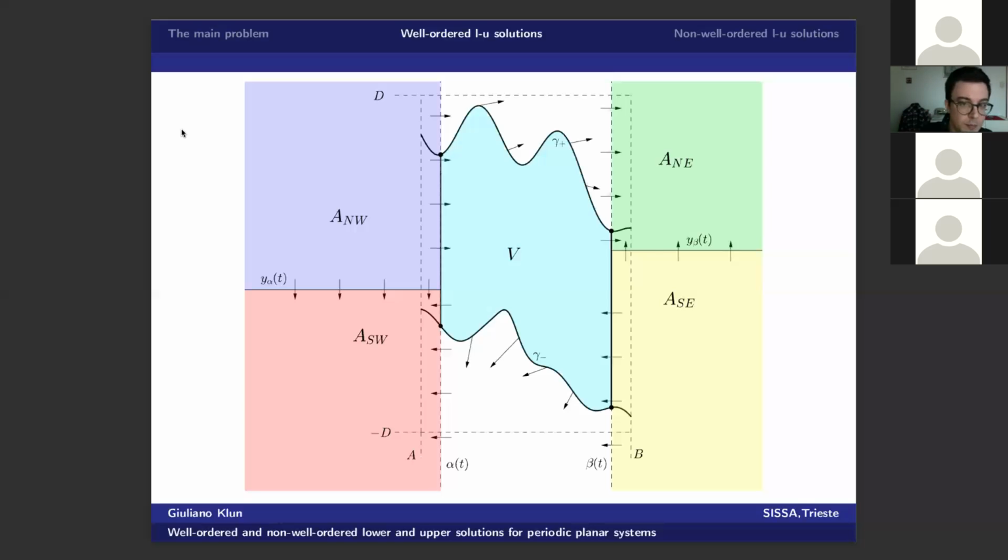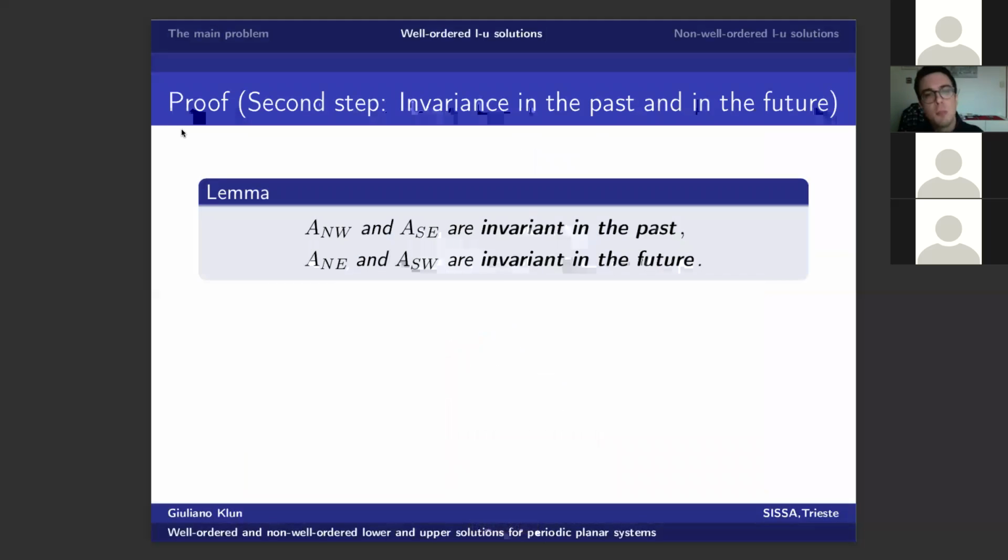The second step is to prove that these four sets are pairwise invariant, in the past and in the future. Namely, A northwest and A southeast are invariant in the past, namely if the trajectory for some time t0 belongs to these regions, the trajectory remains in this region for every t less than or equal to t0.